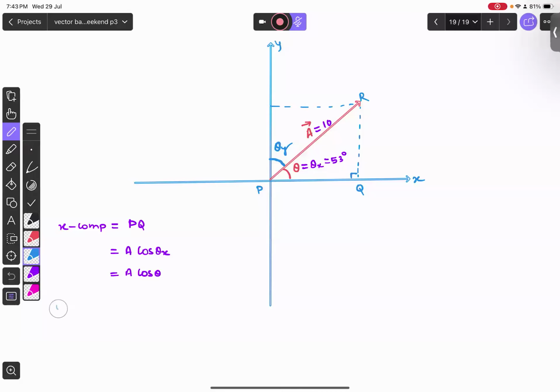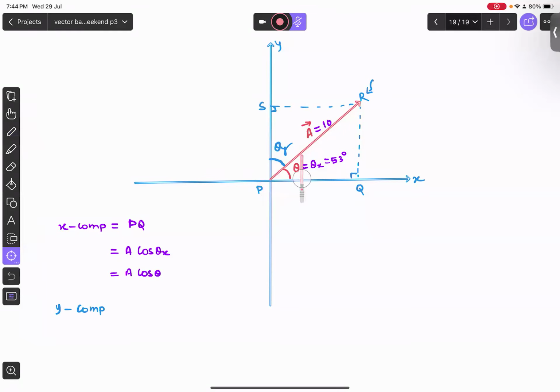Maybe if I drop a perpendicular to the y-axis from the tip of this vector PR, then PS is going to be the component of our vector PR along y direction, no?